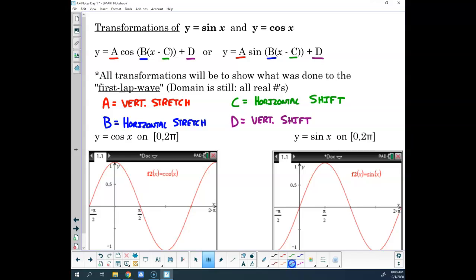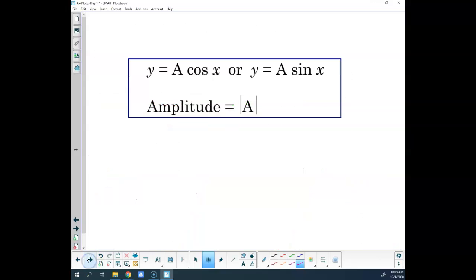And so what we're looking at is that first wave. We're going to take all those parts and we're going to shift them, move them around. So let's focus in here on A, amplitude.